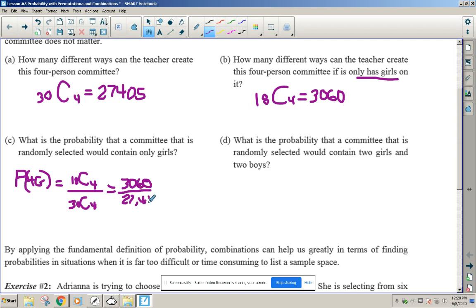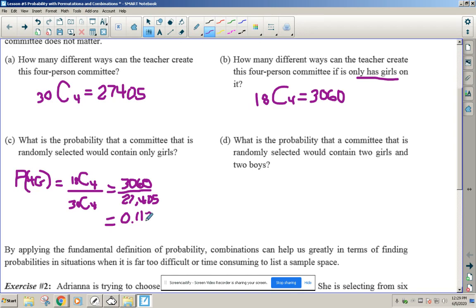Now, this really wouldn't make sense to us. If I was talking to you about these numbers and this is what I gave you as an answer, you might write it down, but it has absolutely no meaning. So if you were on your calculator to divide to make this into a decimal, and let's say we round it to 3 decimal places, we would get 0.112, which is a really small amount.